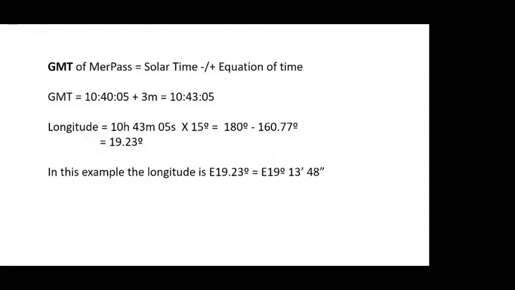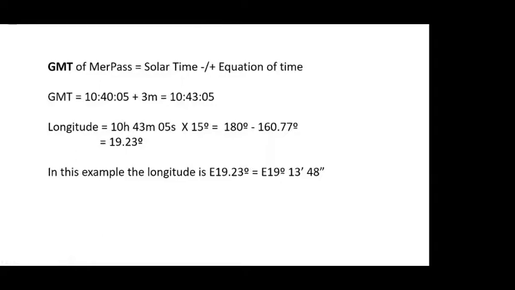To change it to degrees, we multiply by 15, and you can then subtract it from 180 to get 19.23 degrees. Thus, the longitude is east 19 degrees 13 minutes 48 seconds.